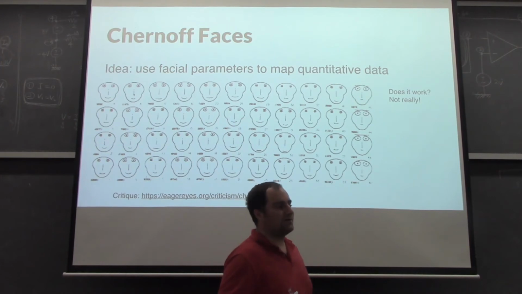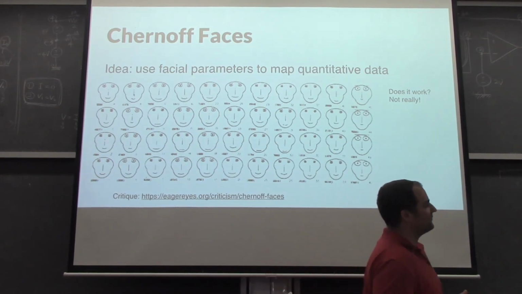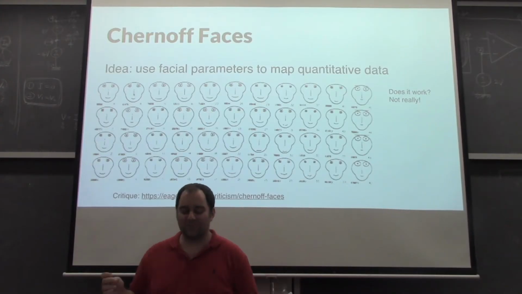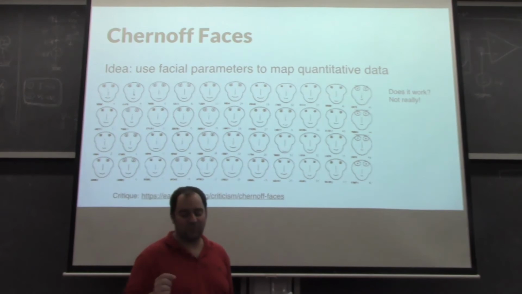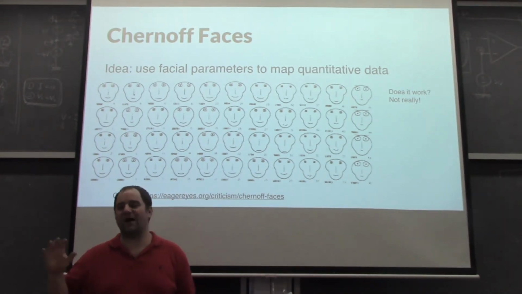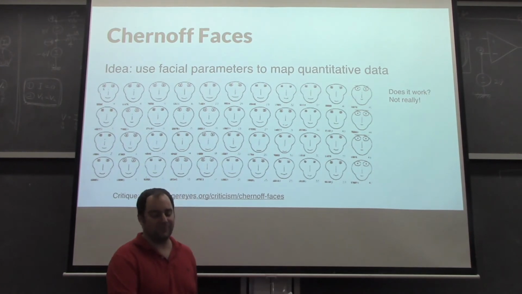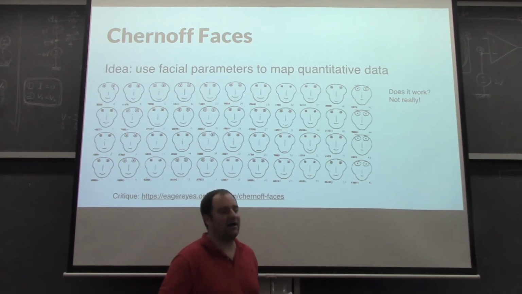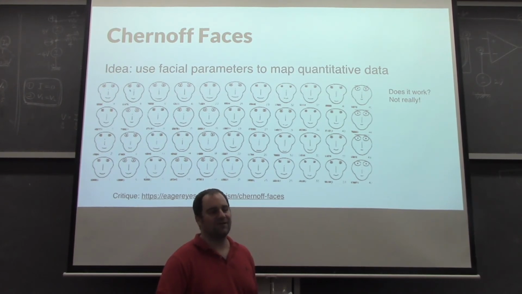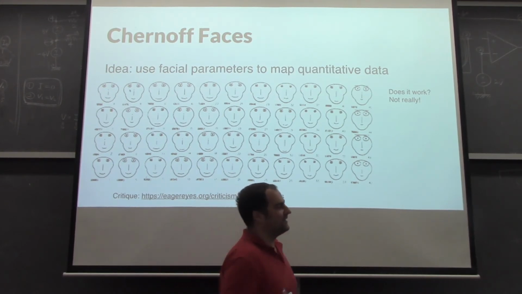And we wouldn't be quite as good if it were not some facial glyph. So the idea of Chernoff, a statistician at Harvard, was to use facial parameters to map to quantitative data. He would take 5 or 6 different numerical values and map them to the distance between the eyes, the length of the nose, the curvature of the mouth, the curvature of the face, and so on.